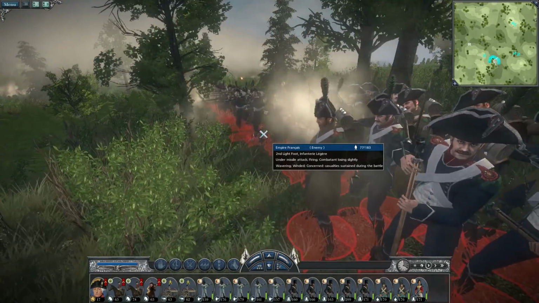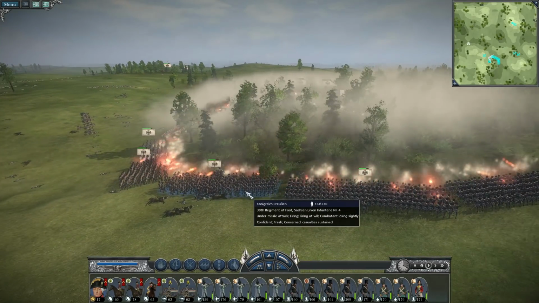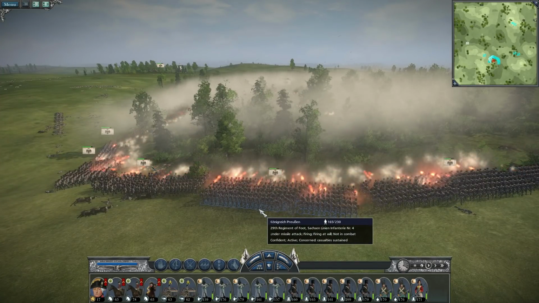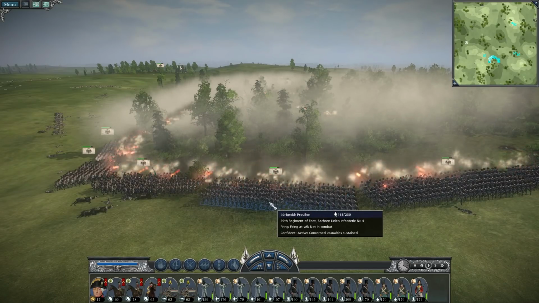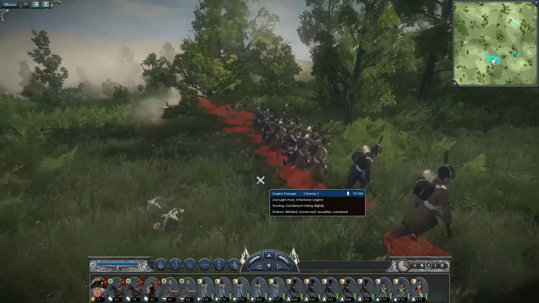They haven't taken a major chunk out of any unit. Like, I haven't had any of those catastrophic losses that we had before, where French musket fire just rips up my lines. And there we go, finally.